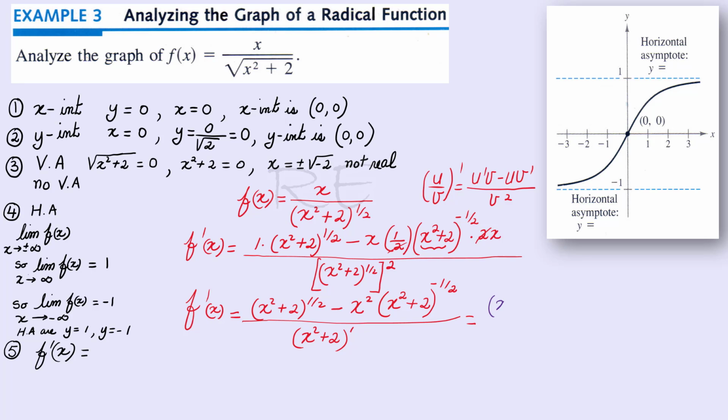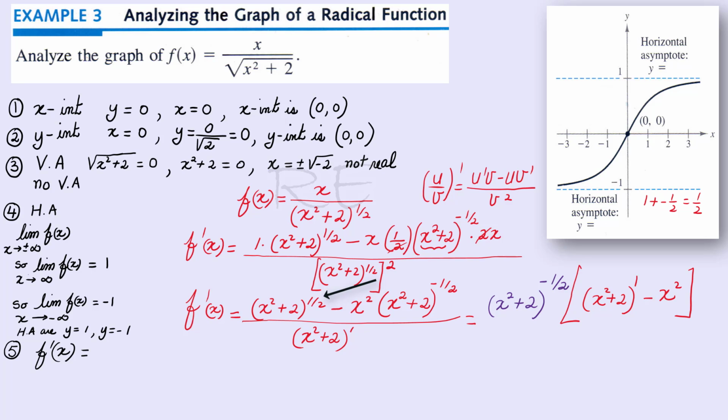Now we're going to factor the least power, which is the GCF, (x squared plus 2) to the negative 1/2. And we are left with (x squared plus 2) to the first, because 1/2 minus negative 1/2 is equal to 1. So when we factor it out, we have to put 1 as the exponent.